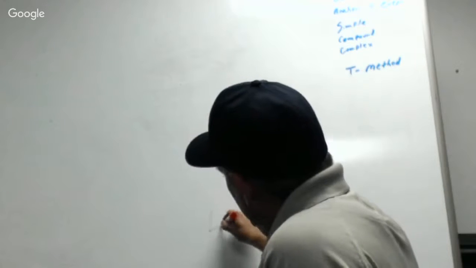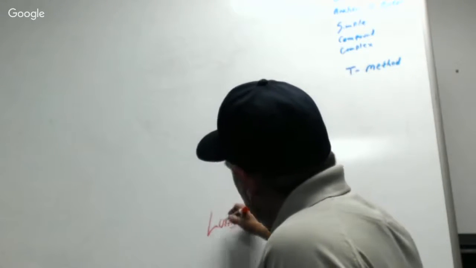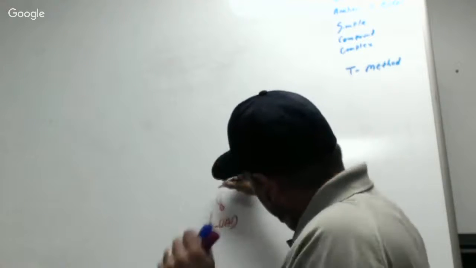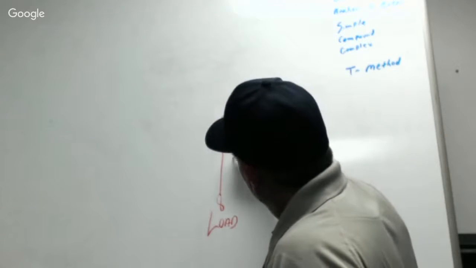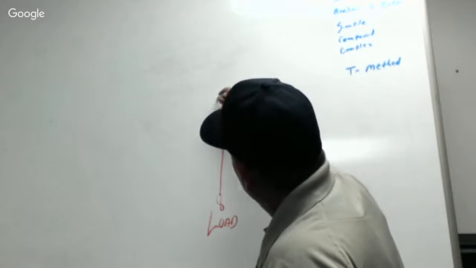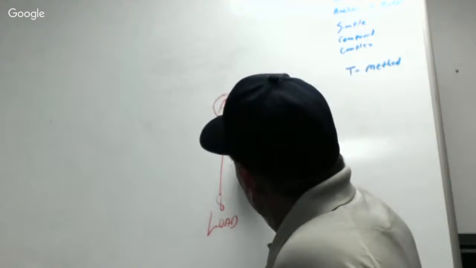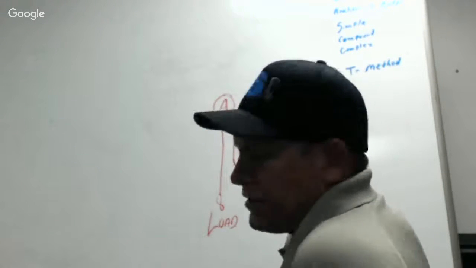So we have a load. This pen's dying on here. We got a load here. That's where it's going to be tied off at. It's going to go to the anchor and go around. This is a pulley. This is the anchor. Now from here, we're going to change it up a little bit.